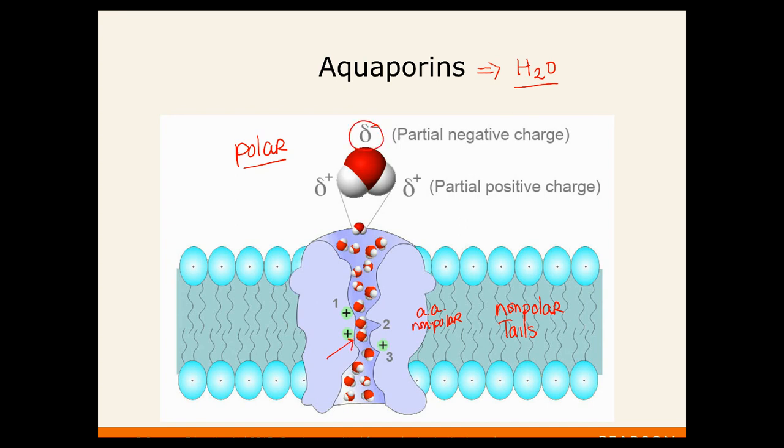It would come in contact with amino acid residues that are positively charged, perhaps something like lysine with its positively charged R group. So those are positively charged amino acids.